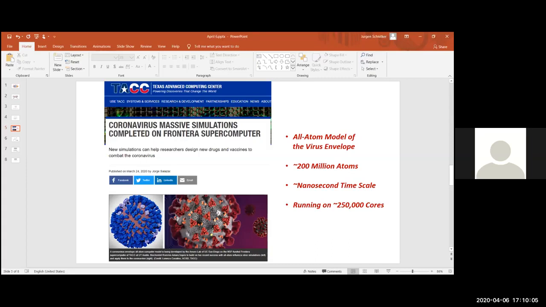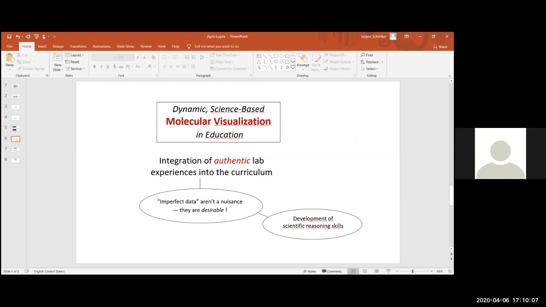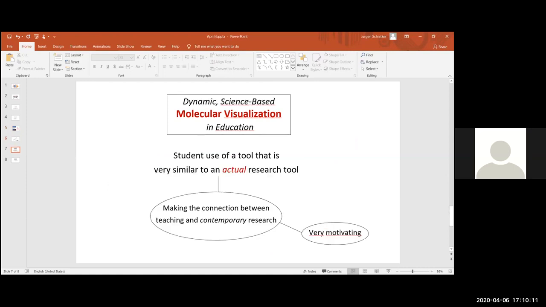So that's by using a dynamic science-based molecular visualization tool in education. Students get to use a tool that is very similar to an actual research tool. That's different from so many other things used in education, which are rather toy-like.